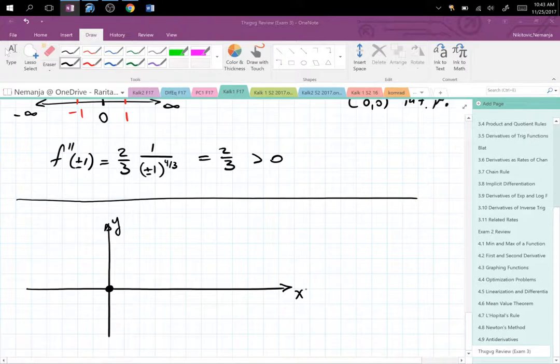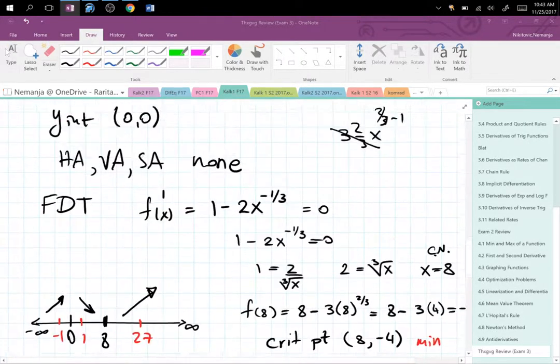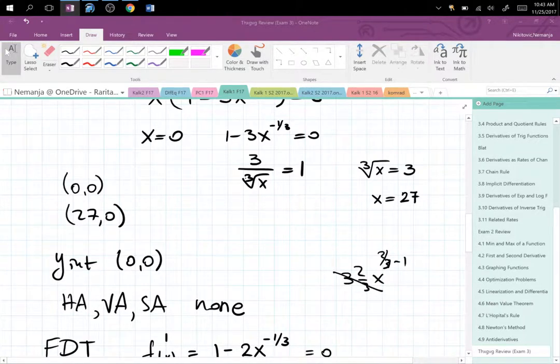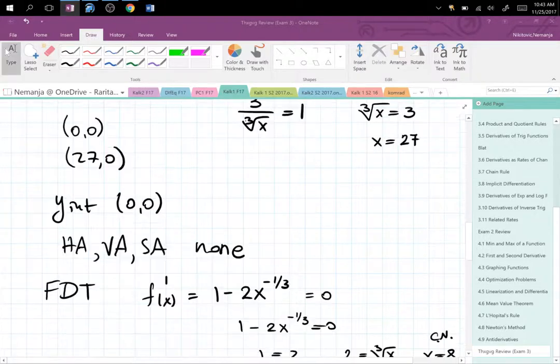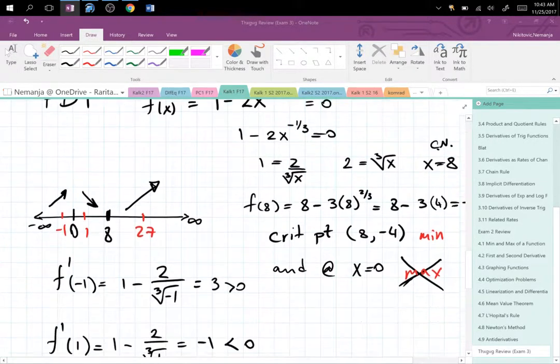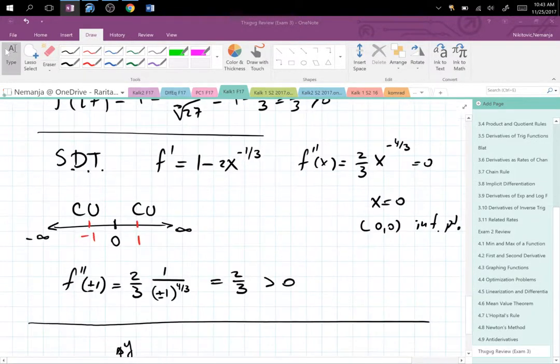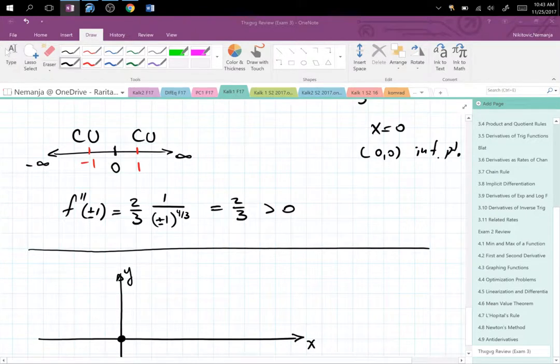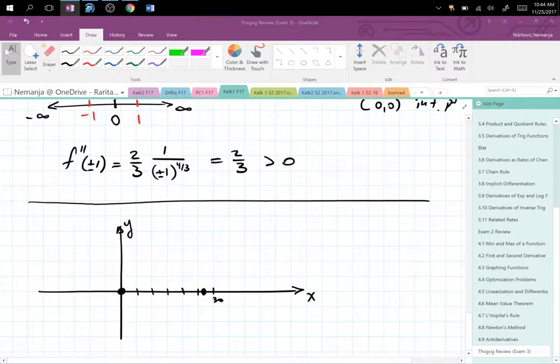Do I have any other points that I need to worry about or no? That's it, right? Just 27 and 0. So 5, 10, 15, 20, 25, 30. And this is where 27 is.